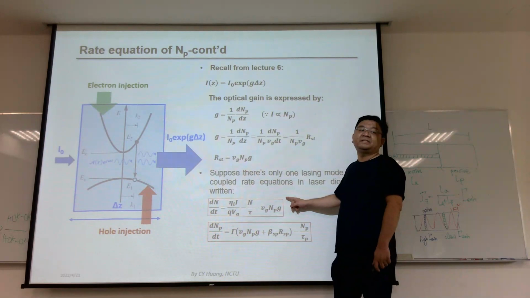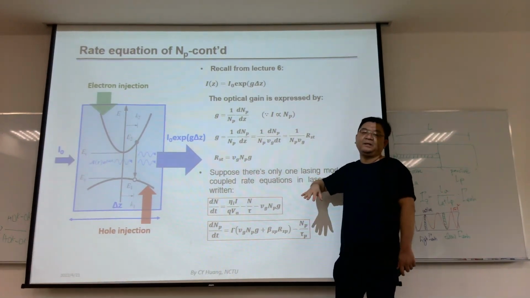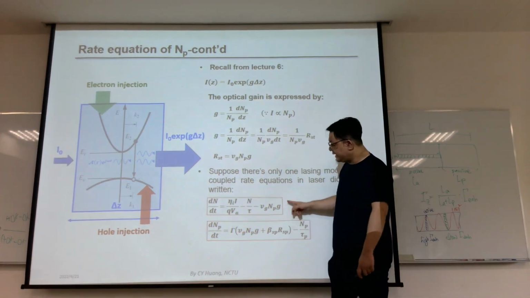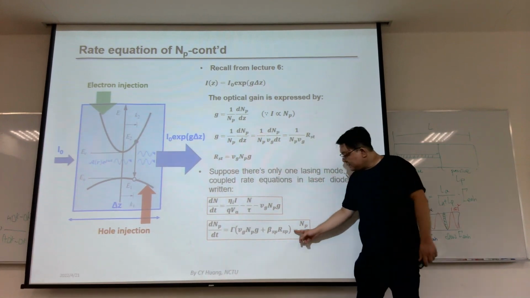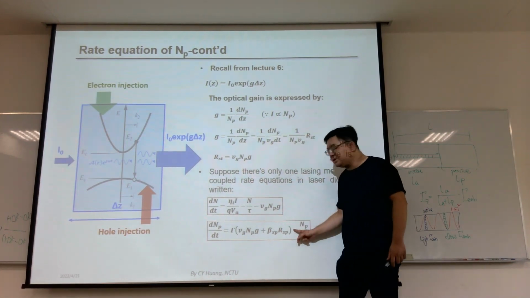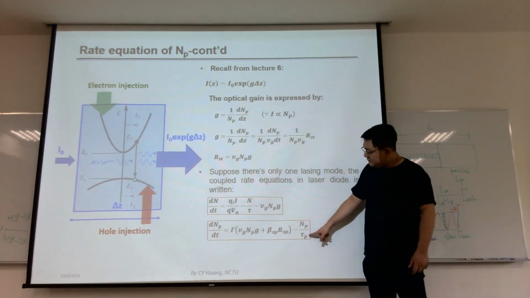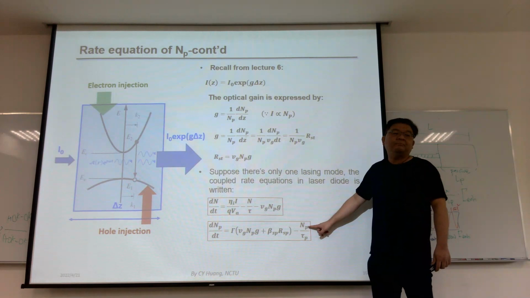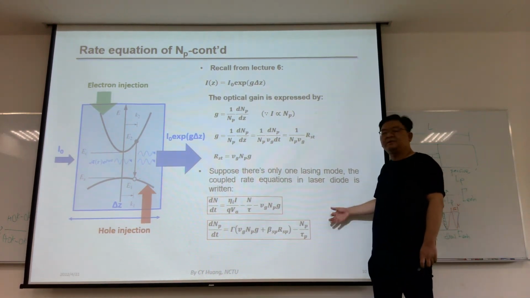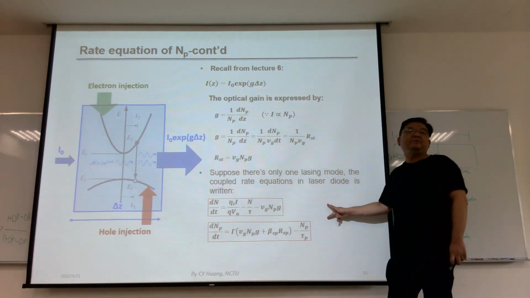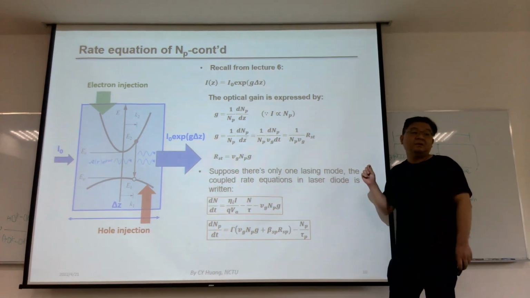But if it is negative, then it will be a positive term. So it's important whether it is absorbing or emitting. Then this whole term is the generation of photons minus the consumption of photons in other ways. Okay, so we need to solve these two equations simultaneously to describe the behavior of our laser diode.